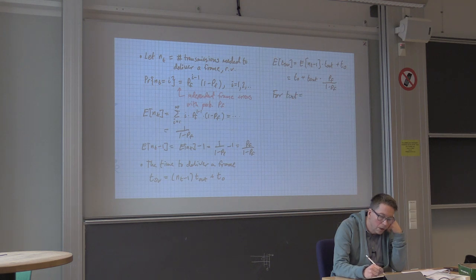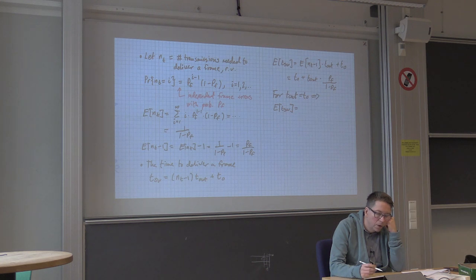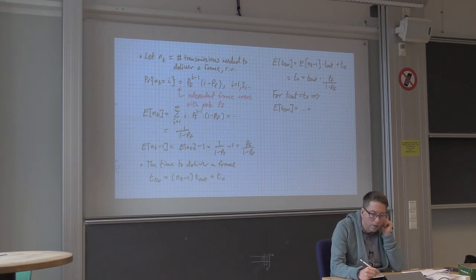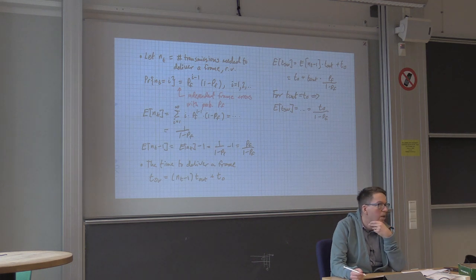So for t out equal t0, the expected value of tsw becomes t0 plus t0 times pf over 1 minus pf, and we can simplify that and we get t0 divided by 1 minus pf as the end result. Just simple manipulation. Yes.